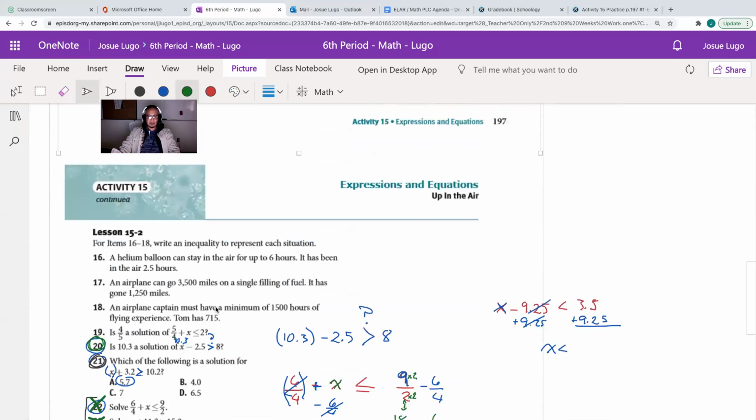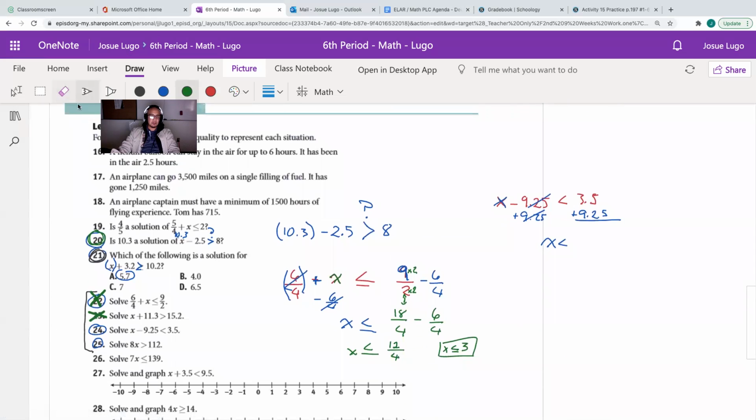We do the same thing in number 20, if you don't mind me going from number 5 all the way to number 20. Look at what number 20 is asking. It's asking, is 10 and 3/10, which is 10.3, a solution to the inequality x minus 2.5 is greater than 8?